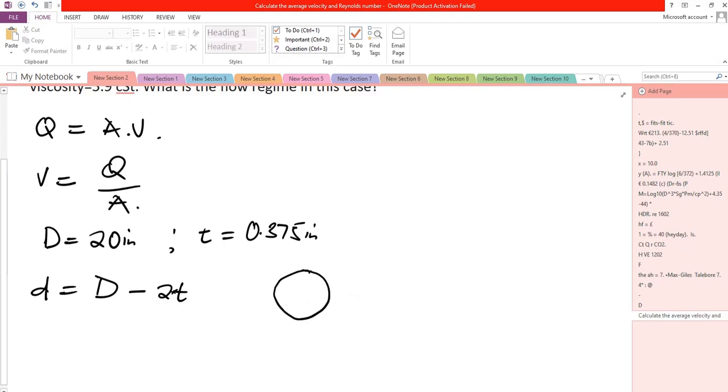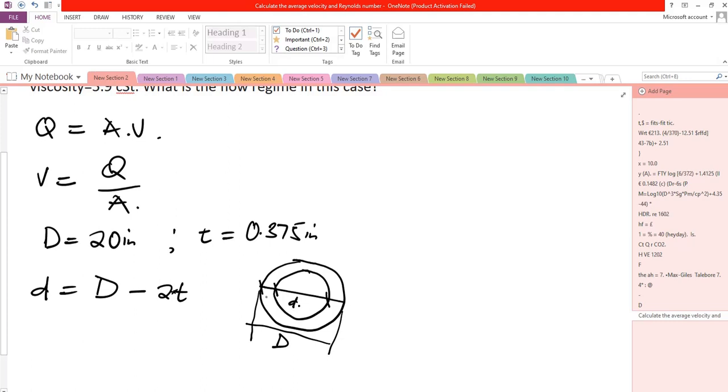let's say this is a pipe. This is the outer diameter, which is D. This one is the inner diameter, small d.